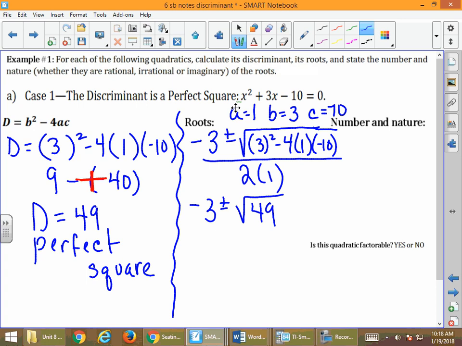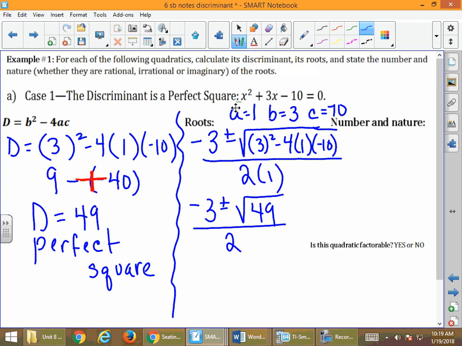It's 49. b squared minus 4ac, I'm pointing to the value underneath the radical. When we go back to the far left, b squared, 3 squared minus 4 times 1 times negative 10, same value in both places. Well, it's negative 3 plus or minus the square root of 49 over 2.